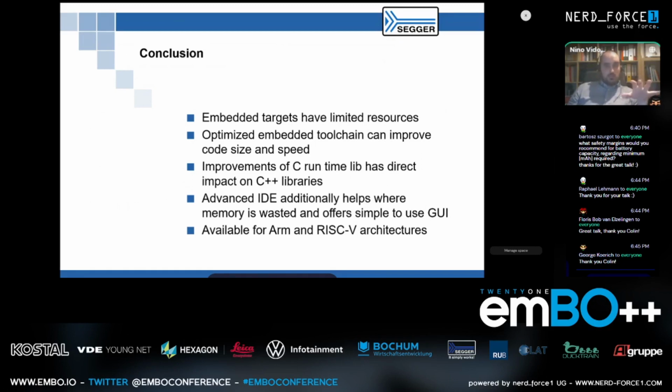And as a little teaser, maybe because we're here at embo++, we might be working on a C++ variant where all this knowledge, implementation and improvements will also take effect. So you would have your C++ standard library from Segger, and I hope next year at embo++ I will be able to present it to you. So wish us luck, and I hope to see you next year as well.